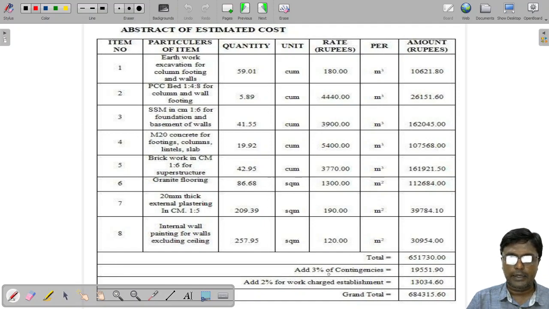We will take it as 3%. Again, work charged establishment is to pay the laborers or the chowkidars or the watchmen who will look after the building during its construction. For them, we have to add 2% of the cost. That will become 13,000. So the grand total will become this much.